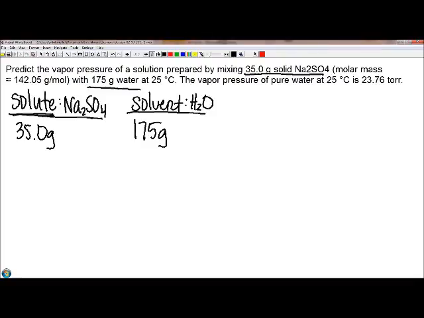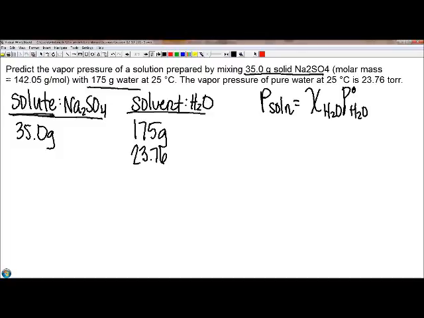So our P solution equation is still going to look the same: the mole fraction of water times the pure vapor pressure of the water, which is 23.76 torr. We need to convert from grams to moles to figure out the new mole fraction.